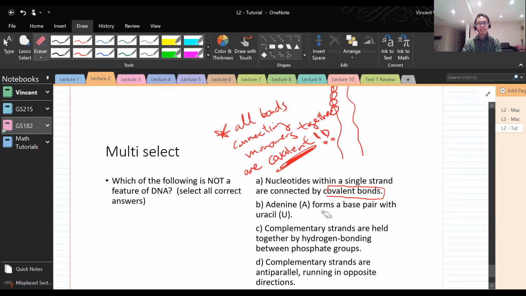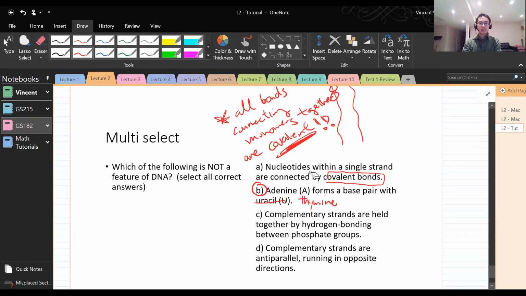Next one, adenine forms a base pair with uracil. There is no uracil in DNA, right? So that is not correct. No uracil. This should be thymine. Complementary strands are held together by hydrogen bonding between the phosphate group. Okay, phosphate group, the backbone. These are covered in the lecture notes.